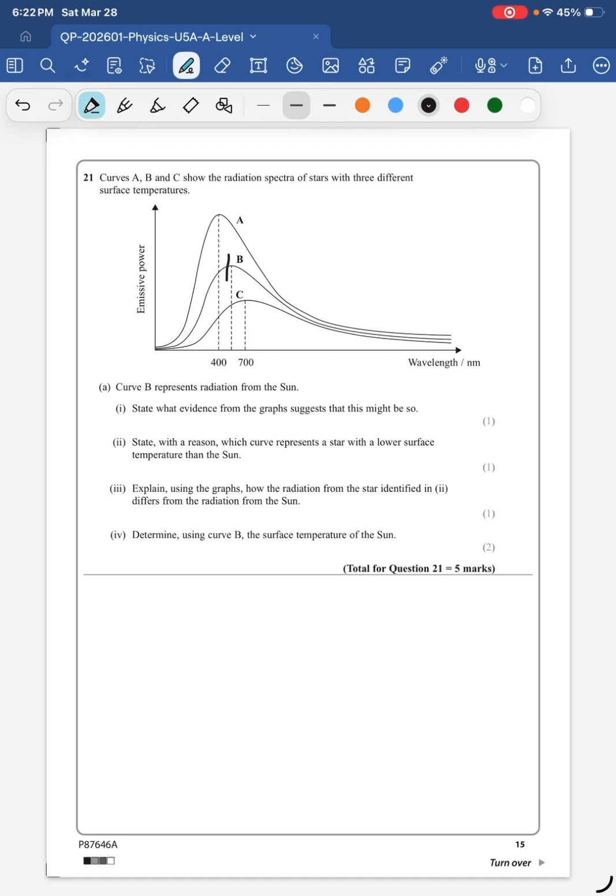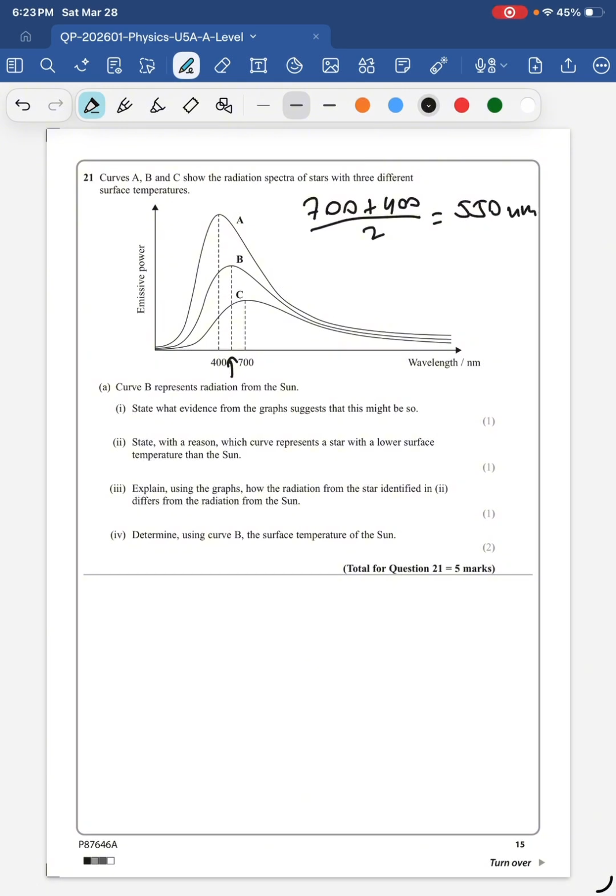So if you notice, this spacing over here is equal to this spacing, so we can calculate the peak value by taking the average. So 700 plus 400 over 2 yields 550 nanometers.